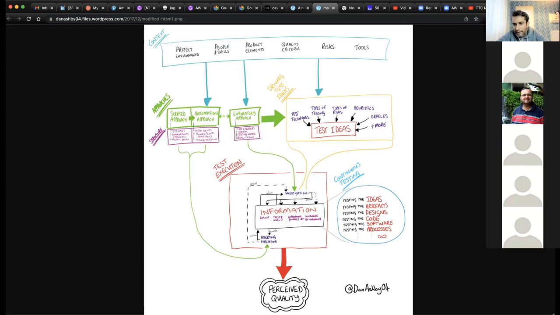So yeah, absolutely right. All in all, when we speak about modeling, it's more of a visualization of the entire journey that you're going to take up as a part of your testing effort. That's what modeling is all about.